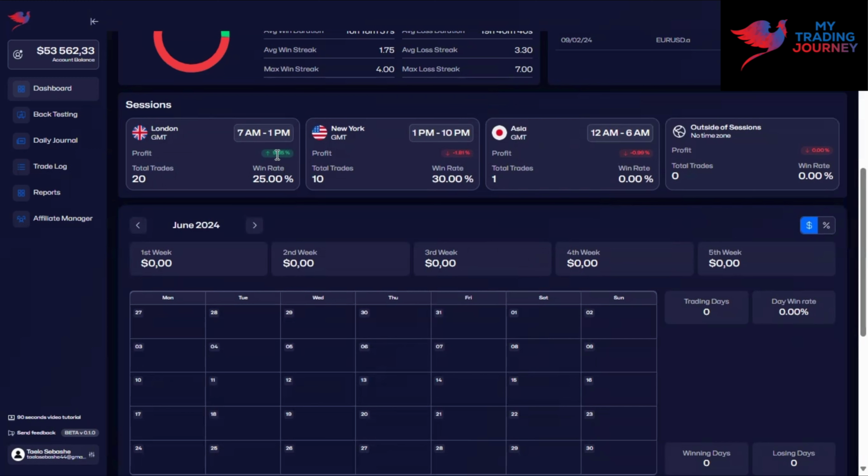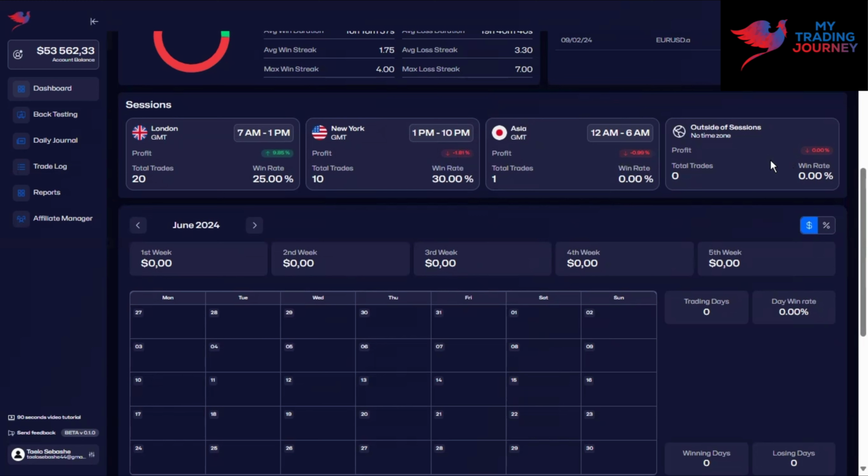As you can see here, it says that on London I made 9.58% with a win rate of 25%. At New York I made 30% win rate, 10 trades. However, the profit at New York wasn't that much. It's actually a negative. Asia also a negative, 0 win rate.